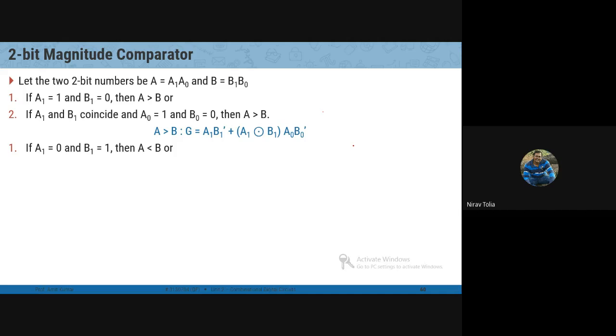But suppose my A1 and B1 are the same. So you can say my A1 coincides with B1. Then we have to focus on A0 and B0.